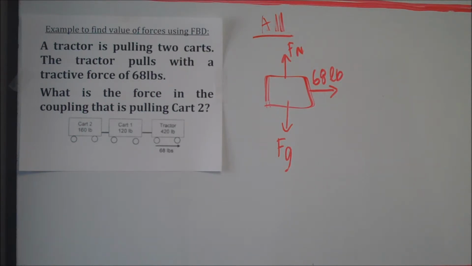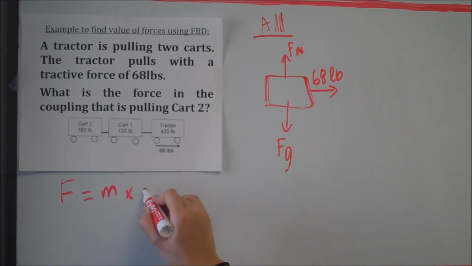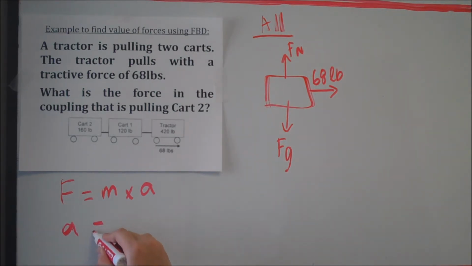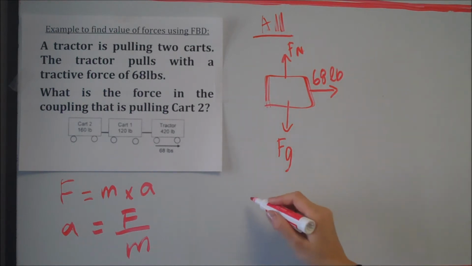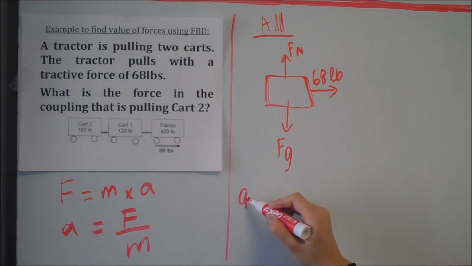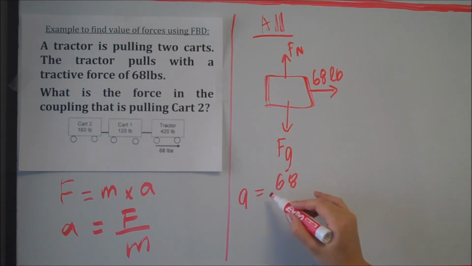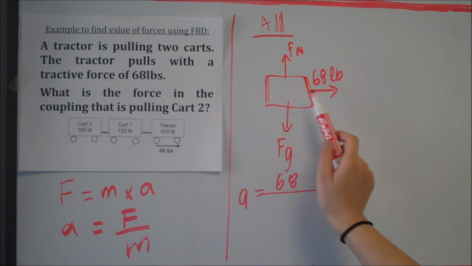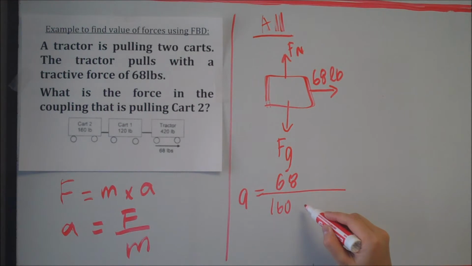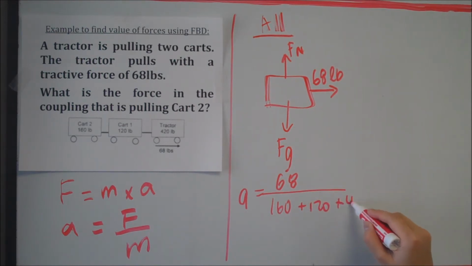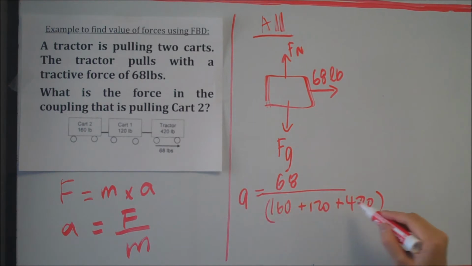So 68 pounds here. Here we have to find the acceleration of this whole system. To find the acceleration, we can use the relationship that force equals mass times acceleration. Rearranging it, we have acceleration equals force over mass. Using this equation, we can find our acceleration for this system. So our acceleration is equal to 68 pounds over the mass of the entire system, so it's all three of these objects: 160 pounds plus 120 pounds plus 420 pounds.